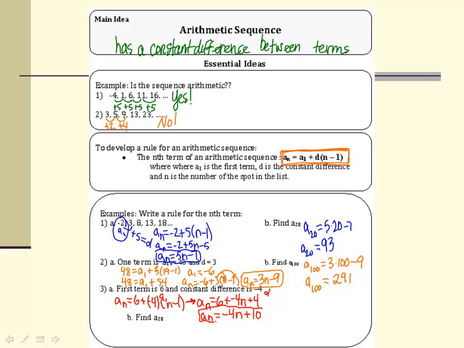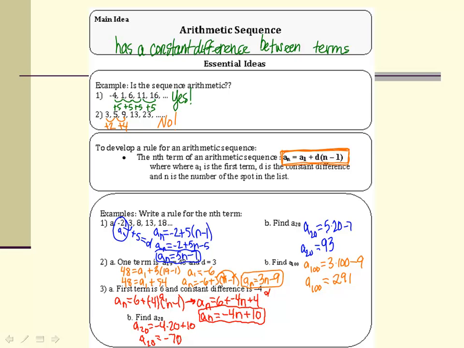And there's my general equation right there. Now I want to find a sub 20. So a sub 20, I'm going to plug 20 in for n. That's negative 4 times 20 plus 10. So a sub 20 equals, if you simplify negative 4 times 20 plus 10, you get negative 70.